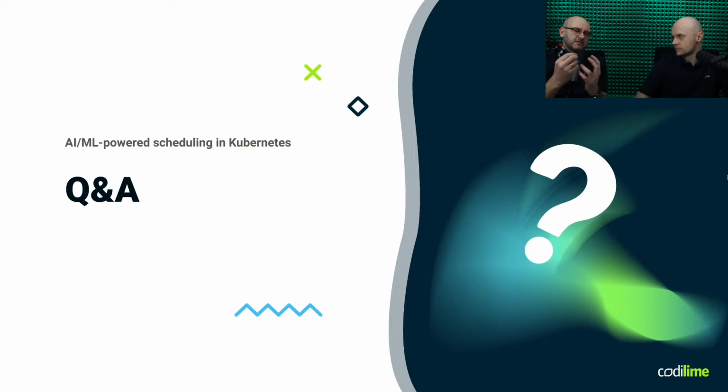We haven't implemented it, but we were thinking about two possible approaches. One is to use the standard way, so using the requests and limits that have to be set up. And after that, if we learn the patterns, we can use the patterns instead of those two values. This is the one point.